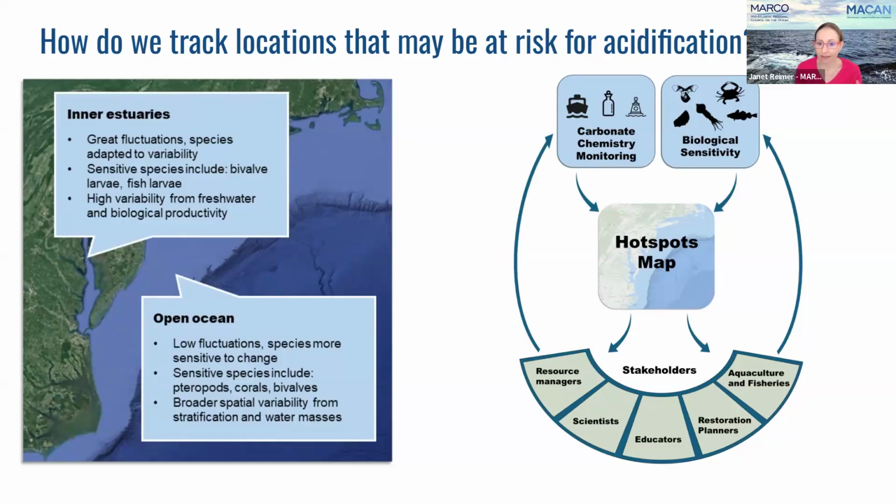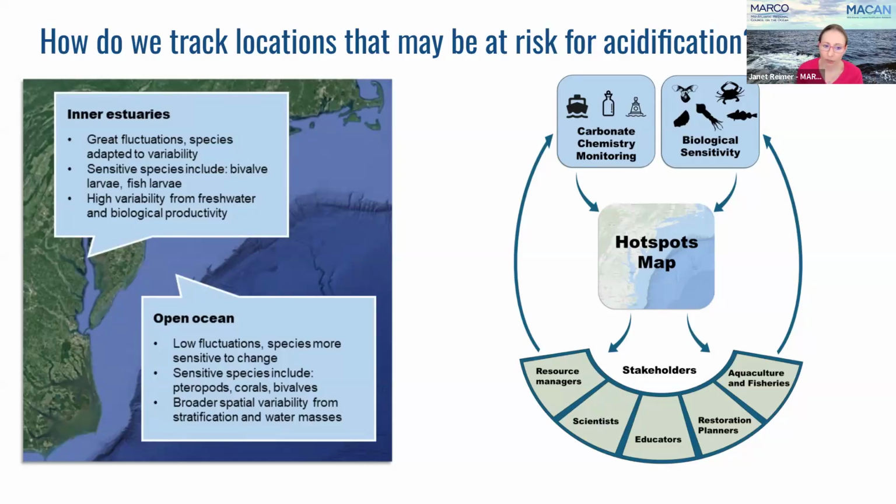So MACAN is seeking to put together information on the water chemistry, which for acidification is called carbonate chemistry, with biological sensitivities to those low pH events. Now, we put that all together, we put it on a map, and then we can provide that information to resource managers, scientists, educators, restoration planners, and aquaculture and fisheries locations.